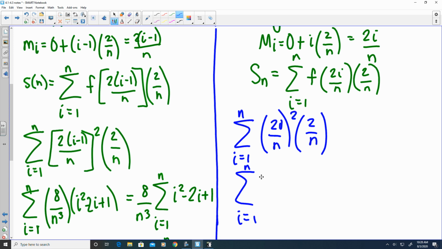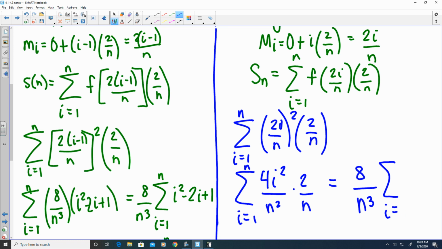Squaring that, it's going to be 4i squared over n squared times 2 over n. Again, we're going to pull out the 8 over n cubed up front, and I'm just taking the sum of i squared here.